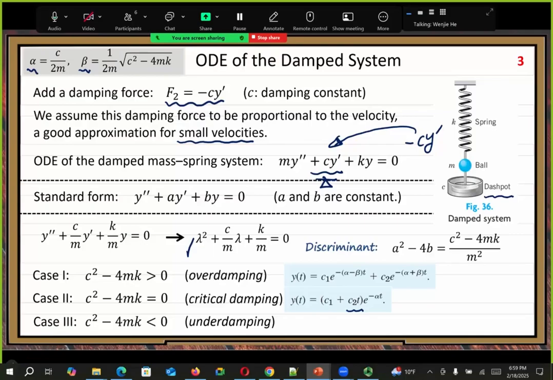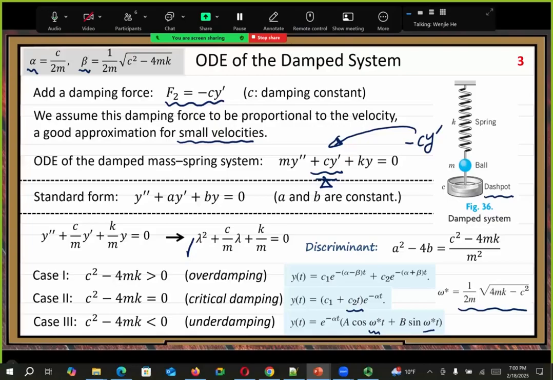Case 3, less than 0, is the underdamping system. Under damping we have sine and cosine, but we need some special constant, omega star, so you need to define your omega star. In this way we can solve any such damped system. It looks pretty straightforward.